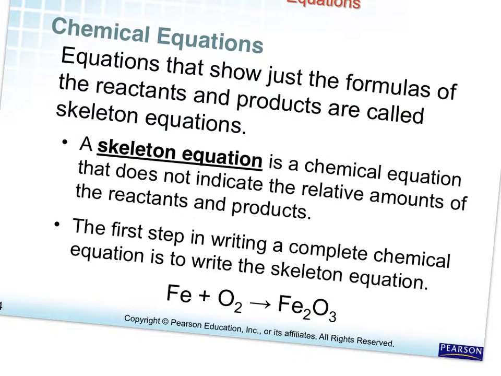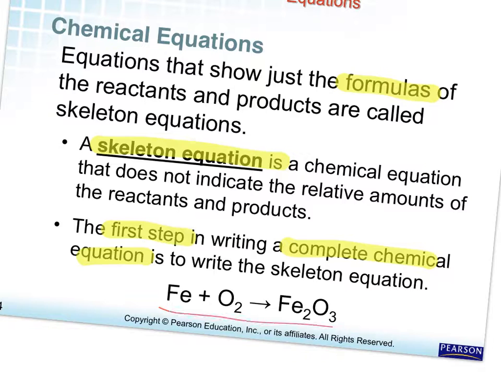If you're only showing the formulas of reactants and products, we call that a skeleton equation. The writing of a skeleton equation is really just the first step in writing the complete chemical equation. So this right here we would consider to be the skeleton equation, but not the complete picture.